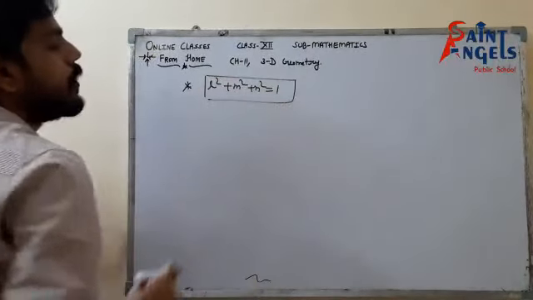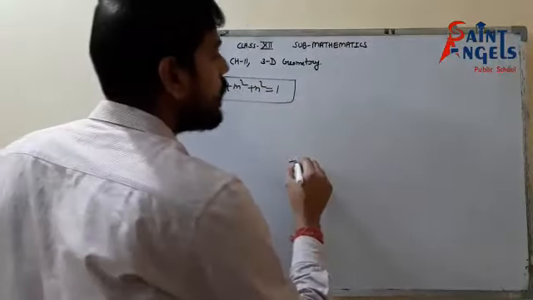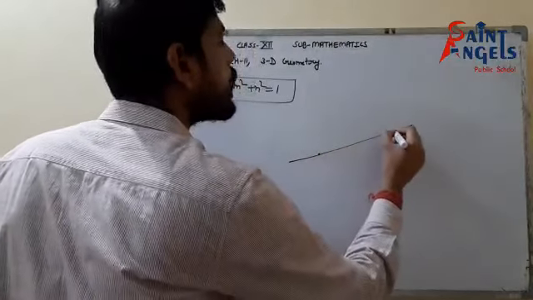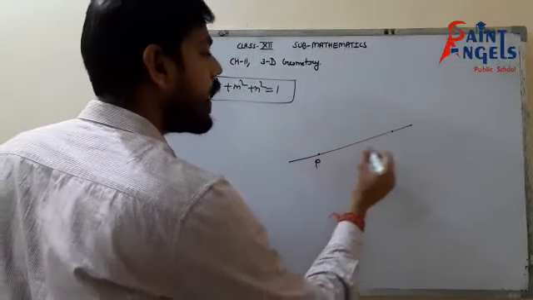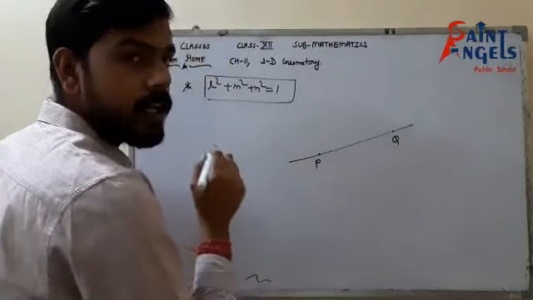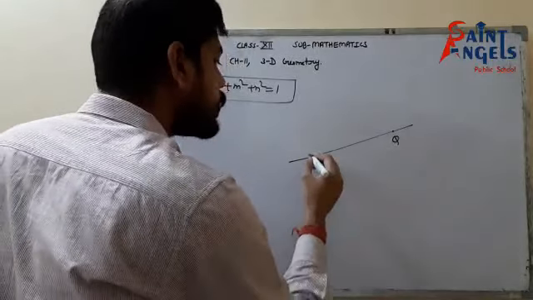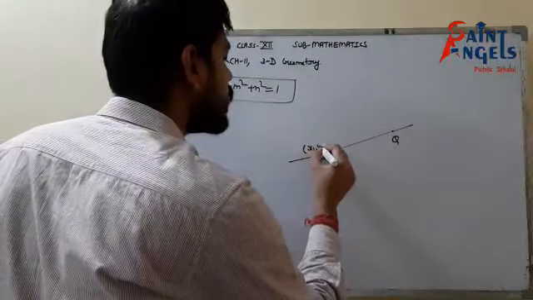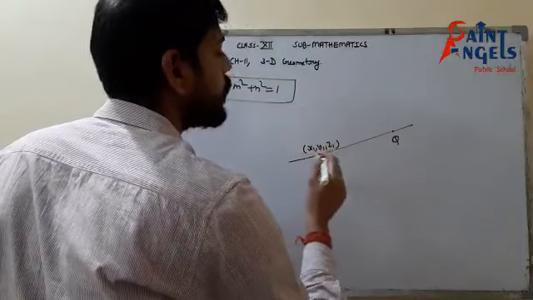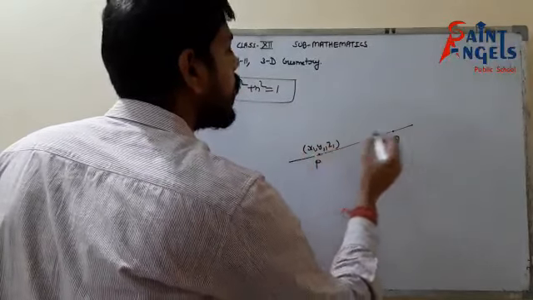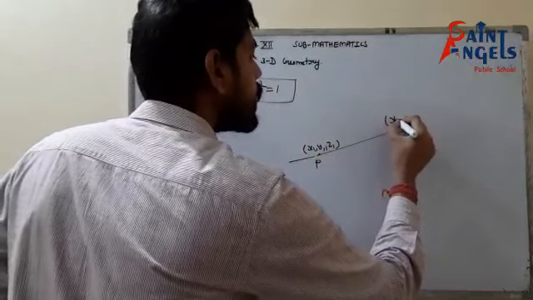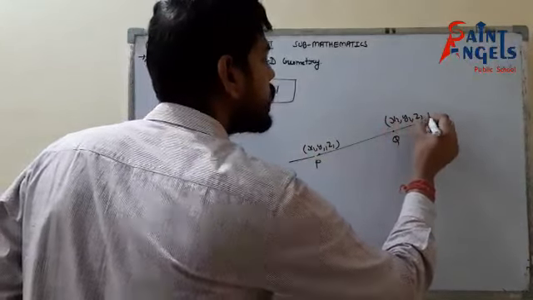Now suppose we have a line passing through two points, point P and point Q. Suppose the coordinates of point P are x1, y1, z1, and the coordinates of point Q are x2, y2 and z2.